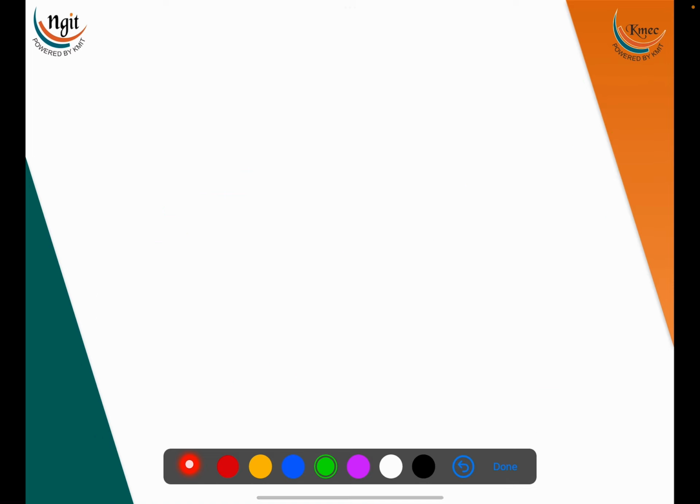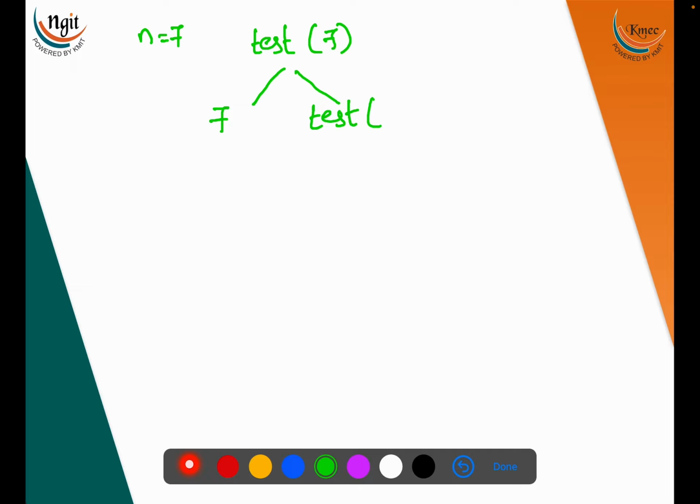Now we'll see the tracing tree. For this example, I take n equal to 7. The tracing tree is as follows. Test 7: the value 7 comes on the screen because we wrote the printf statement. Now test 6, and 6 is printed.